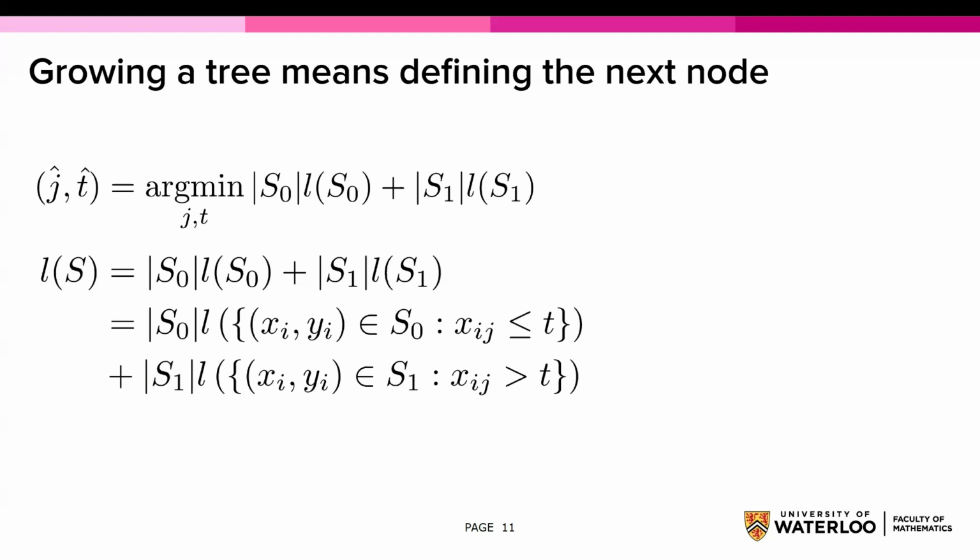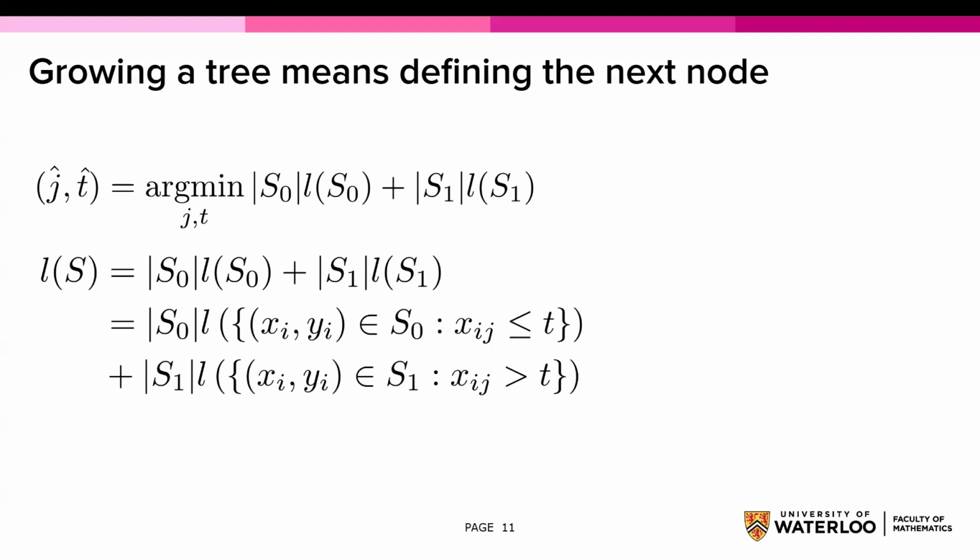It starts with the entire data set, and then we gradually split it into smaller and smaller regions as we add decision nodes. Our goal at each step is to decide which feature to split on, and then where to place that split in order to best separate the data.